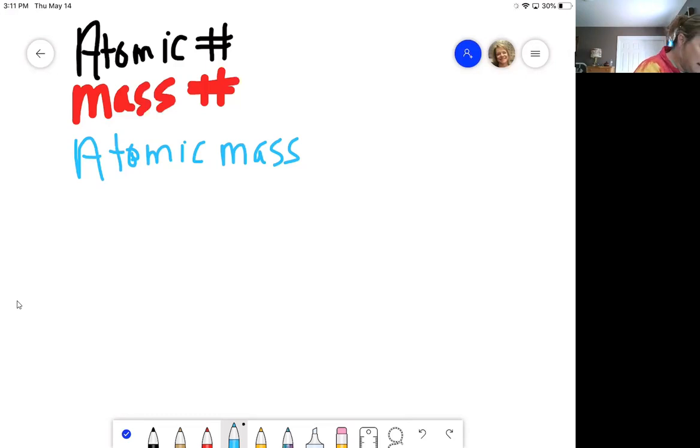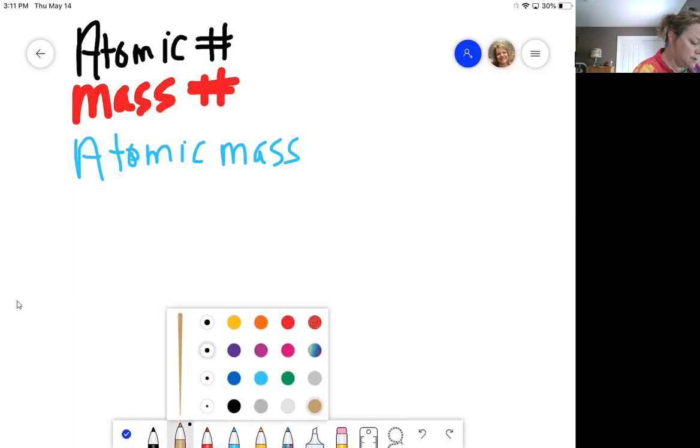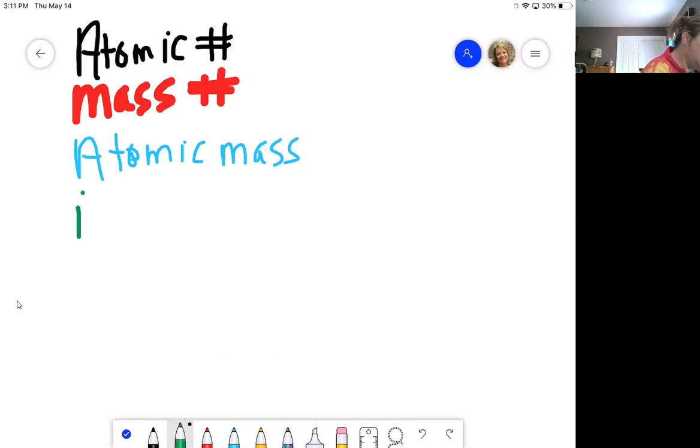We also have little things called isotopes. You should know the definition of isotope. What are some other things I taught you?